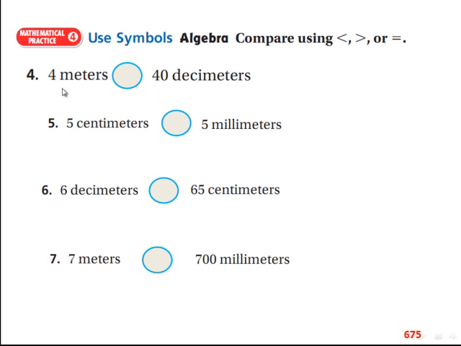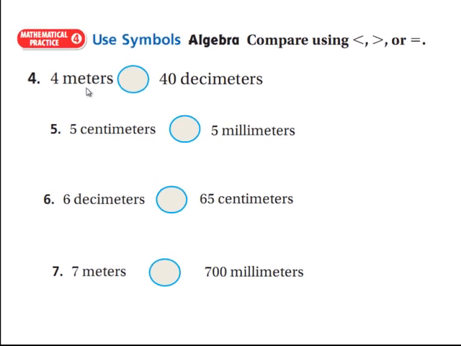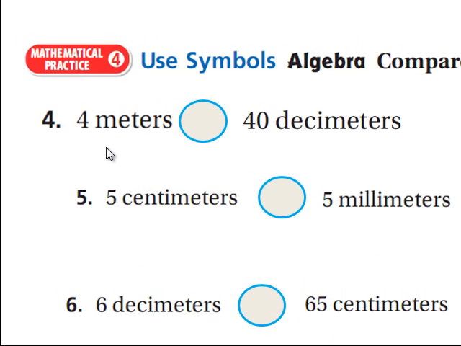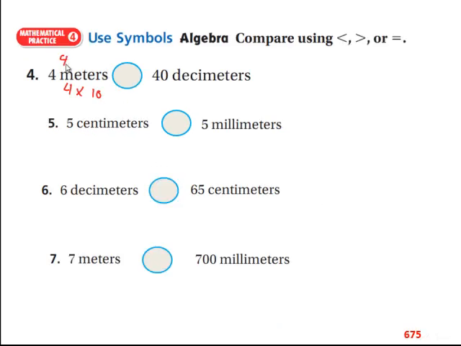Ask yourself, how many decimeters in 1 meter? Of course, 10. So I'm gonna multiply 4 by 10. 4 by 10 equals what? 40 decimeter. dm means decimeter, the abbreviation of decimeter. So 40 decimeters and 40 decimeters, exactly they are equal.